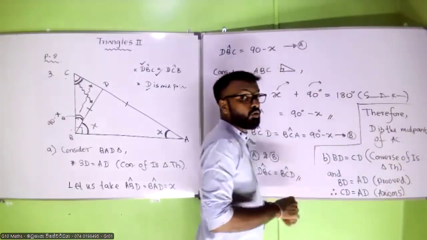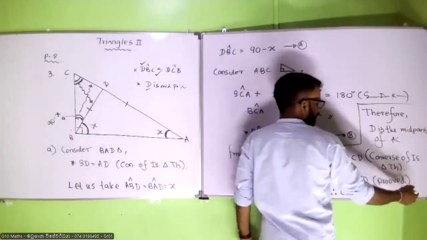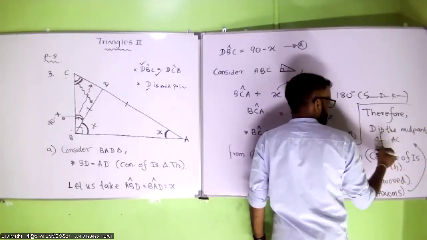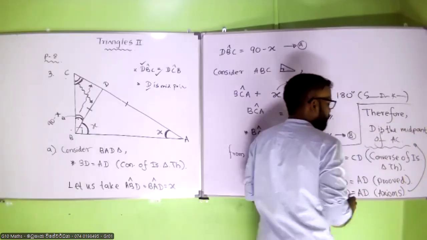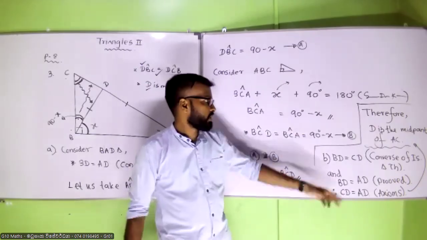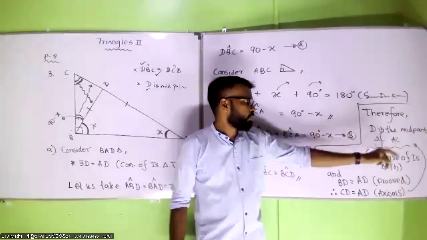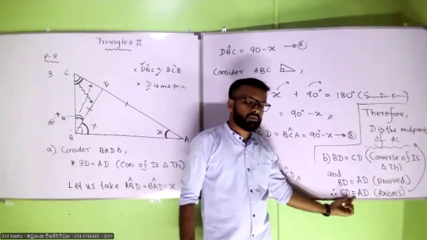You have to conclude it at the end, otherwise you will lose marks. You need to conclude your answer finally. Therefore, D is the midpoint of AC.